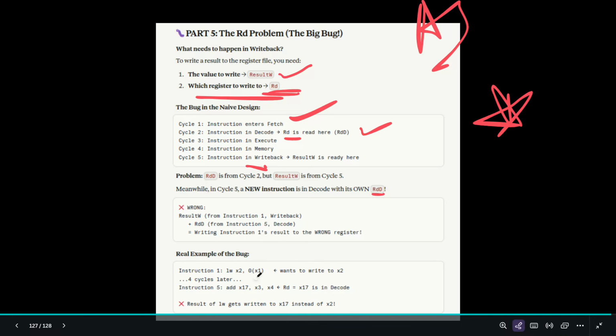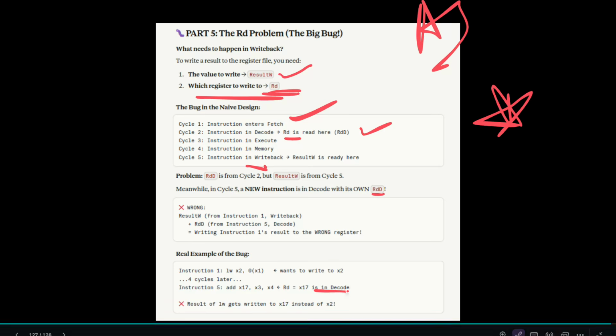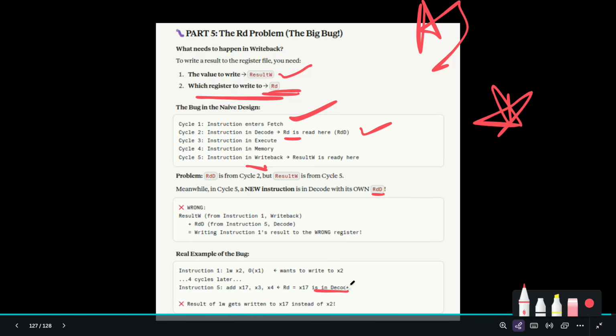So 4 cycles later, instruction 5's RD is x17, that is in the decoding stage. The result of LW gets returned to x17 instead of x2, because x17 is now in the RD.